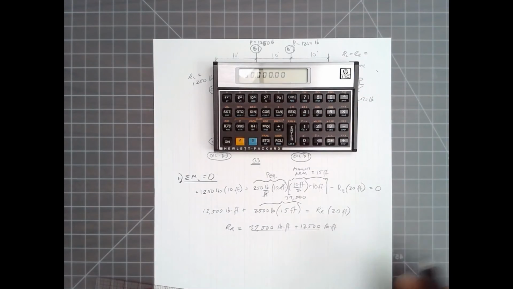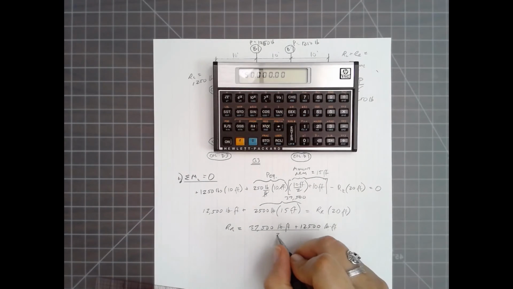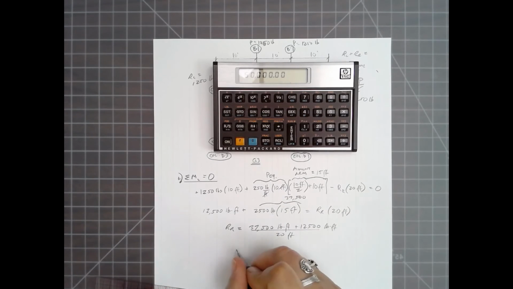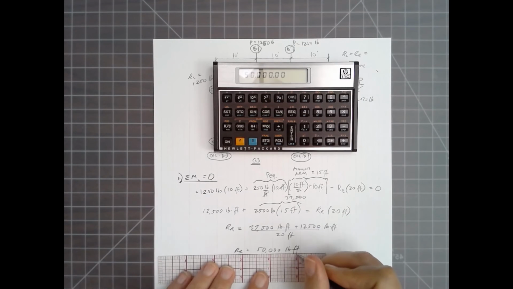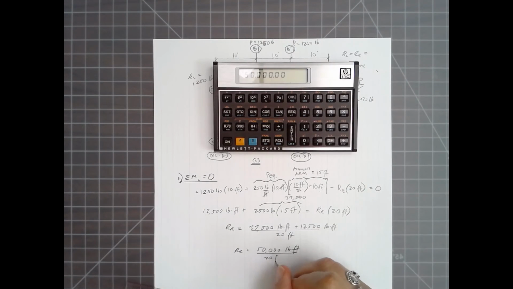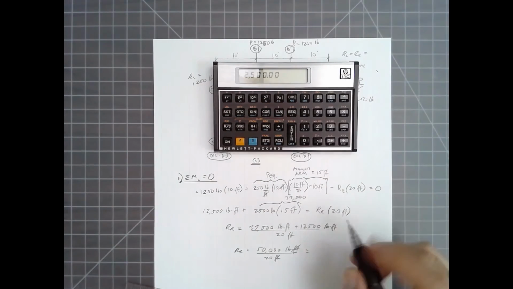So that's 50,000 pound-feet divided by 20 feet. Gives us 2,500 pounds.